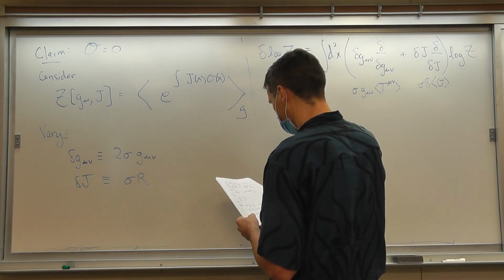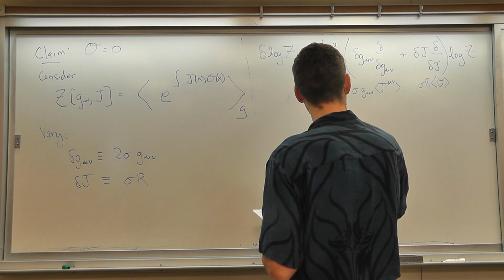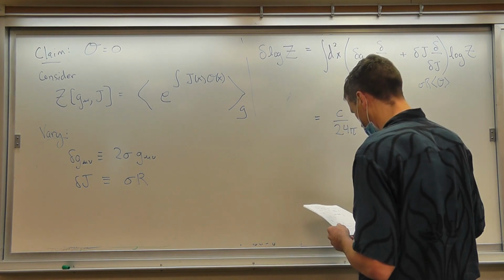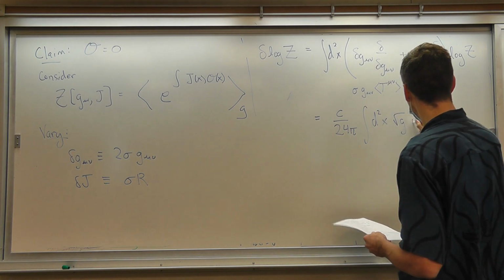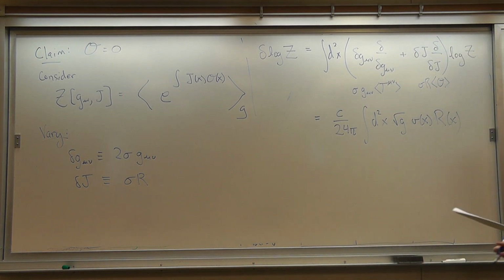So we just get equals c over 24 pi integral d2x root g sigma of x R of x. Sorry, yeah, the anomaly.